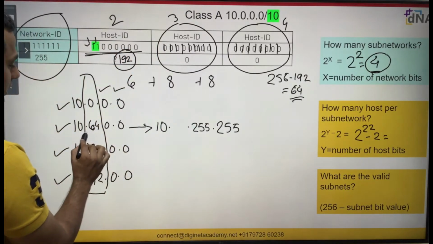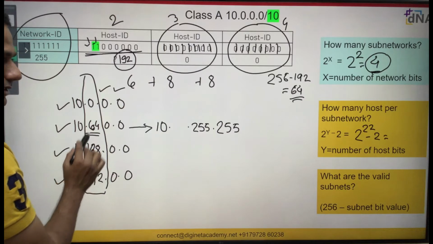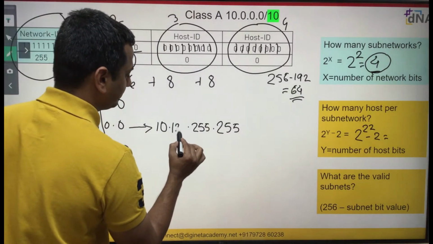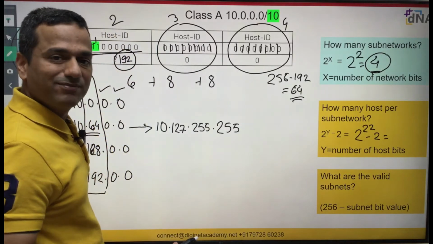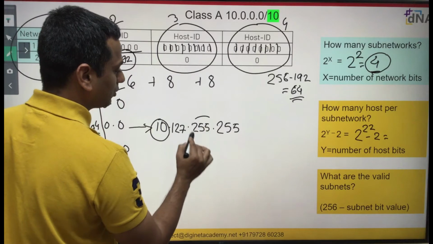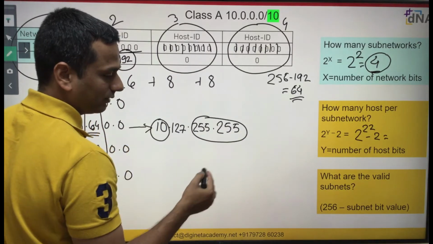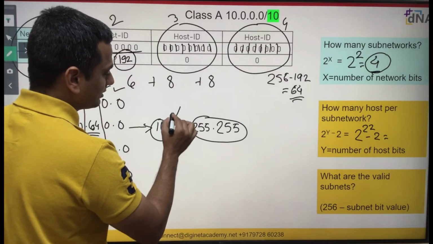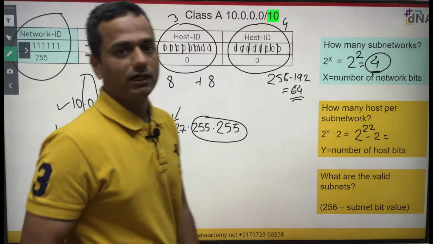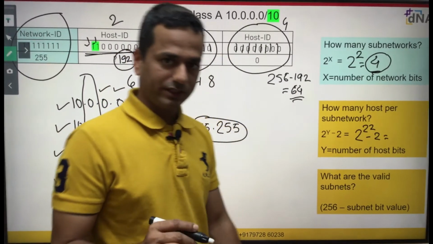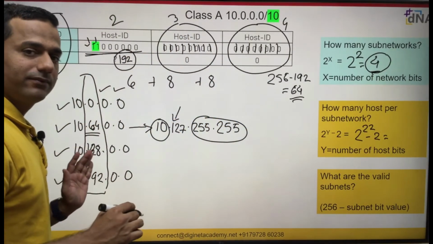What is your network ID? 64 is the network ID. 64, then 128, so 127 will be your broadcast. Simple, right? This is your major network. This is your host portion. Why should we bother about it? Just worry about the second octet. Got it? This is very simple, right?